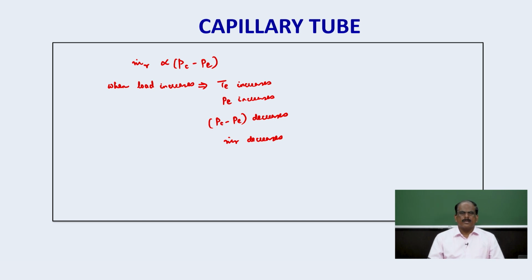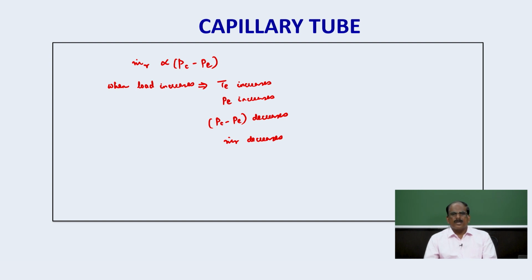That means the quantity of refrigerant that is circulated by the capillary tube to the evaporator is less than the amount of refrigerant that is drawn by the compressor. Let me repeat.